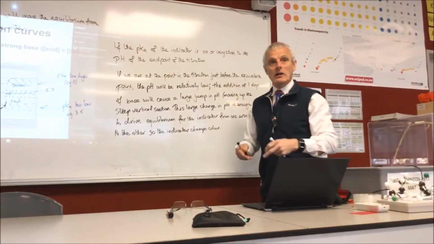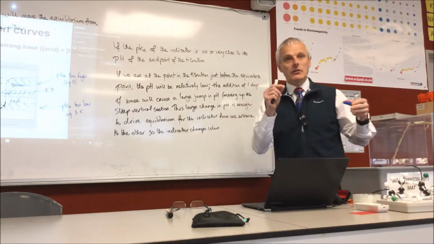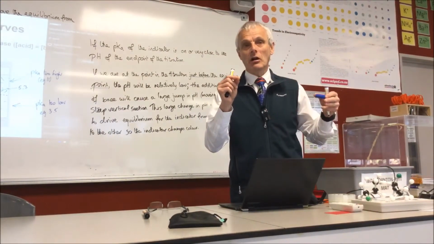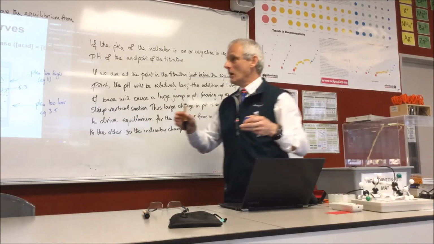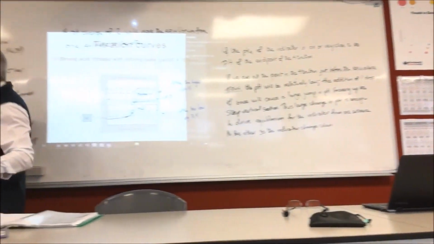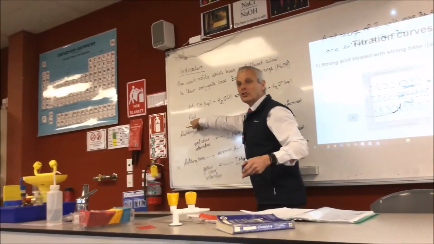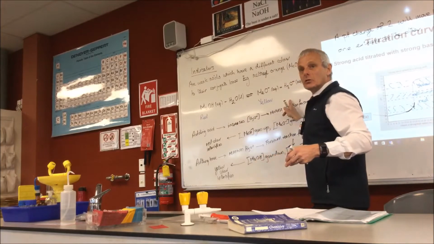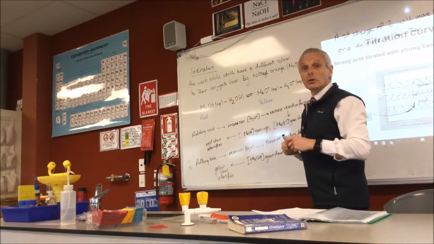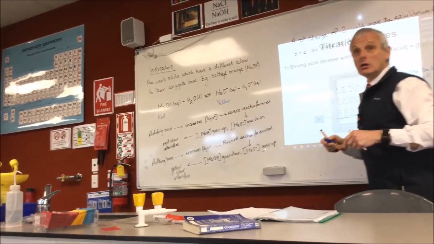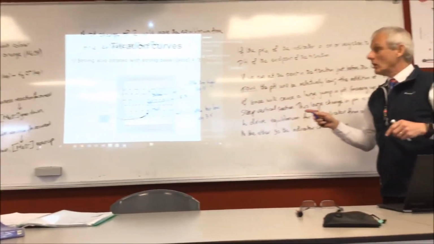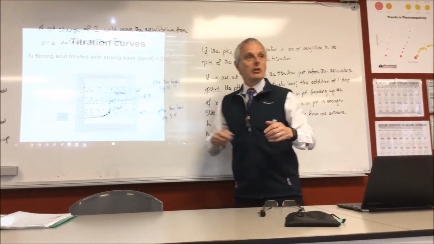And so you get a very large change in pH for a tiny addition of base. And that's enough to drive this equilibrium from this extreme across to that extreme. It only takes 2. We've gone probably 4 or more. And so the indicator will change colour as you've passed the equivalence point.